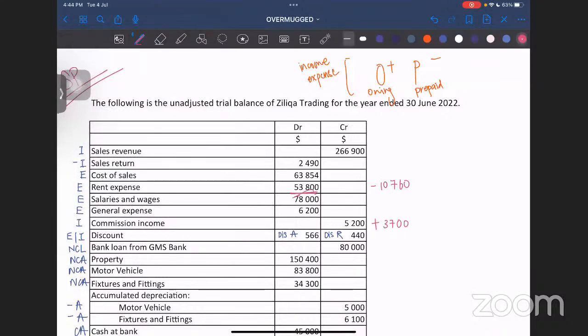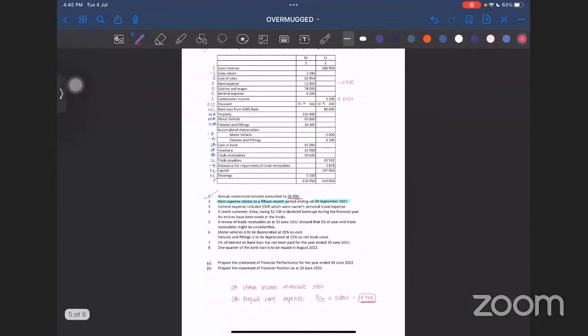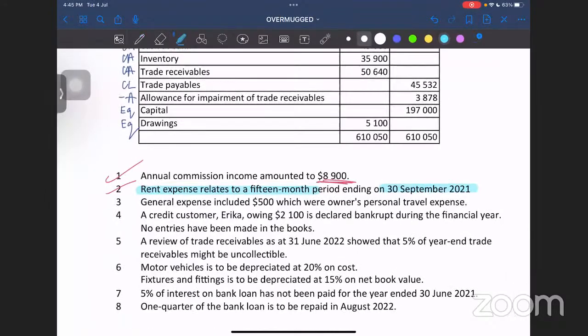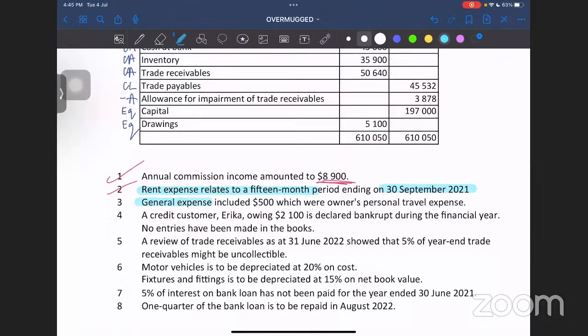And so far so good. Okay, done. Next one, general expense, $500 was the owner's personal travel expense. So for this one, this will be in your chapter on equities.